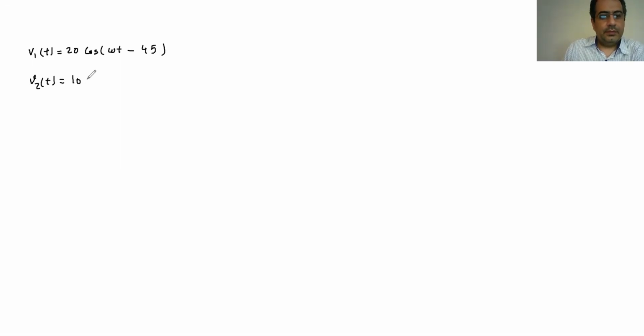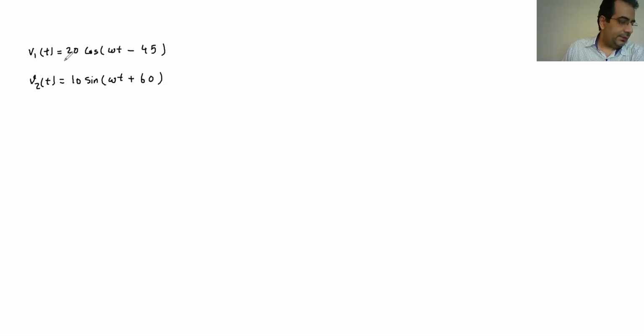Let's look at another example, to see how we can work with the phasor. Again, another example, assume I have two voltages: V1(t) is 20 cosine omega t plus minus 45 degrees, and then V2(t) is 10 sine omega t plus 60.